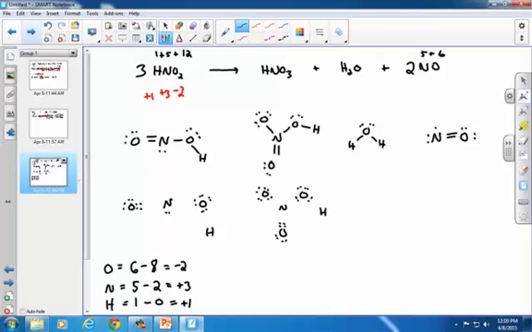And again, all the oxygens in this case have 8 electrons assigned to them, so 6 minus 8 is going to be a -2. But the nitrogen now doesn't have any electrons assigned to it, so the nitrogen is 5 minus 0, which is +5. So the nitrogen's oxidation number is changing. The hydrogen still has 0 electrons assigned to it, so it's still +1.